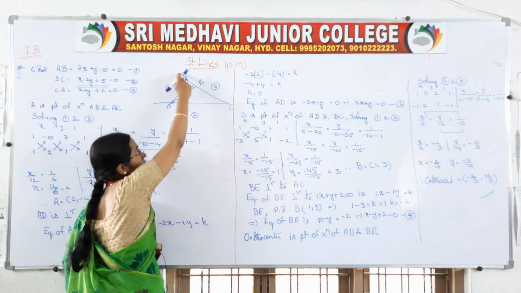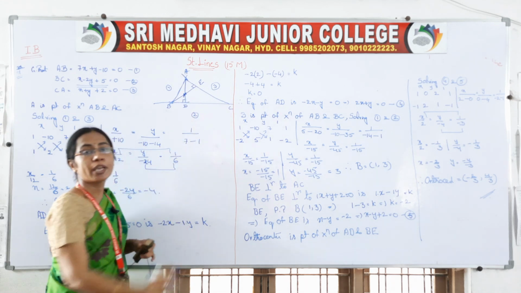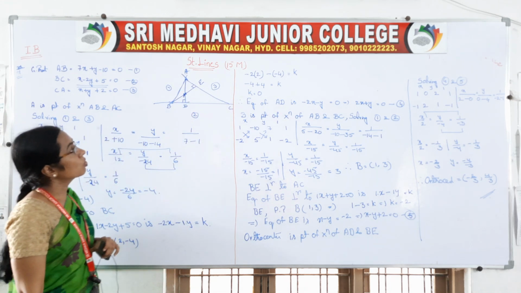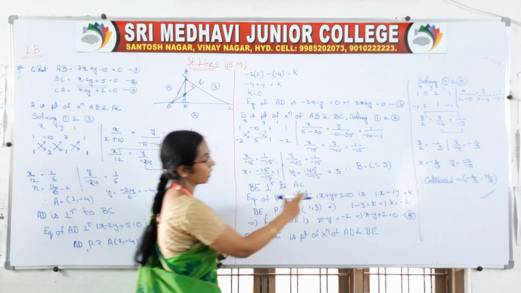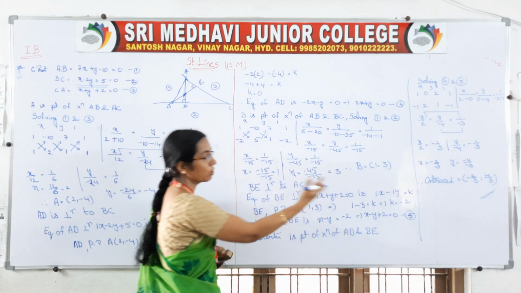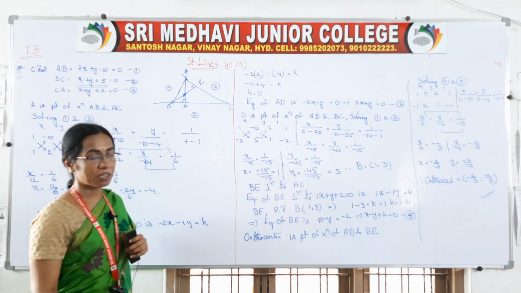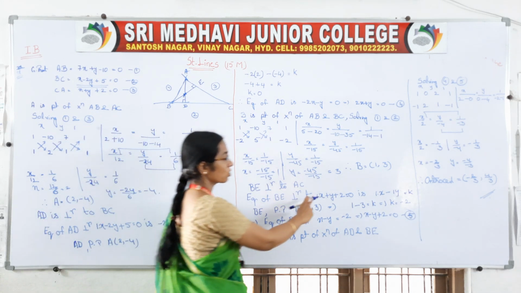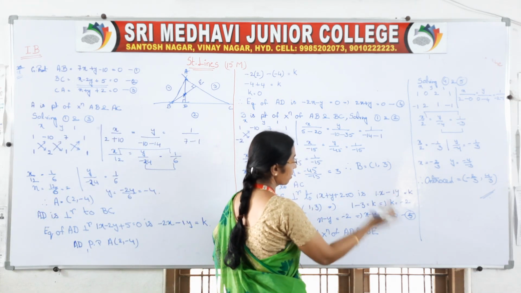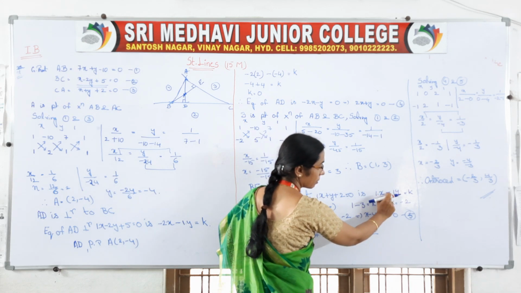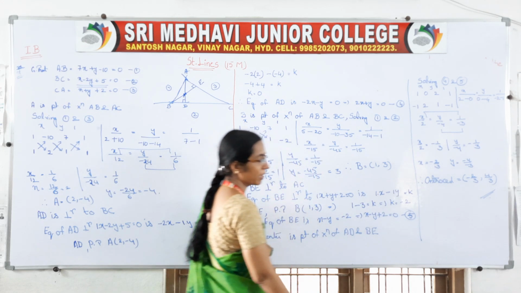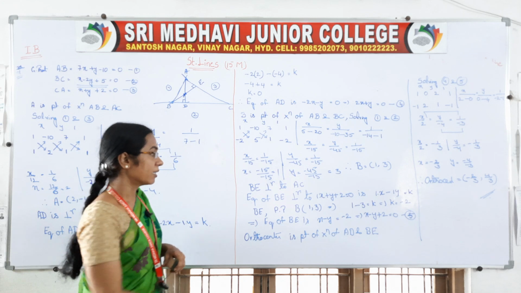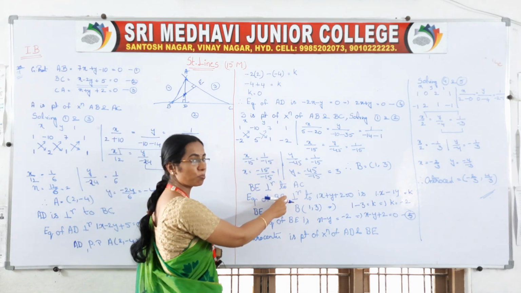We know that BE is perpendicular to AC. So whenever we know one line, if we want to write its perpendicular line equation, same thing: x coefficient goes to y, y coefficient comes to x, in the middle minus sign, is equal to k. This is the equation of BE.